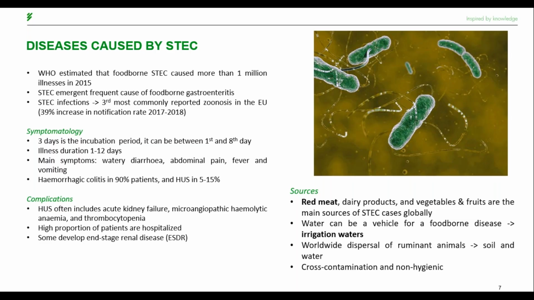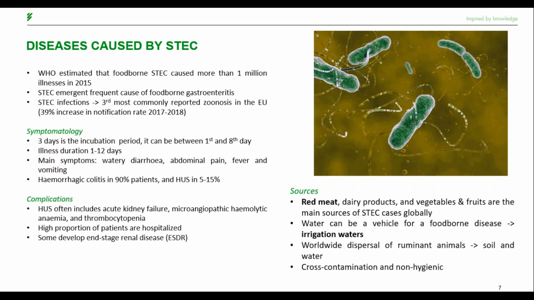In the absence of HUS, the resolution of symptoms is spontaneous in most cases, which is good news, because HUS is characterized by acute kidney failure, microangiopathic hemolytic anemia, which is damage of small blood cells, and decrease of platelets or thrombocytopenia.